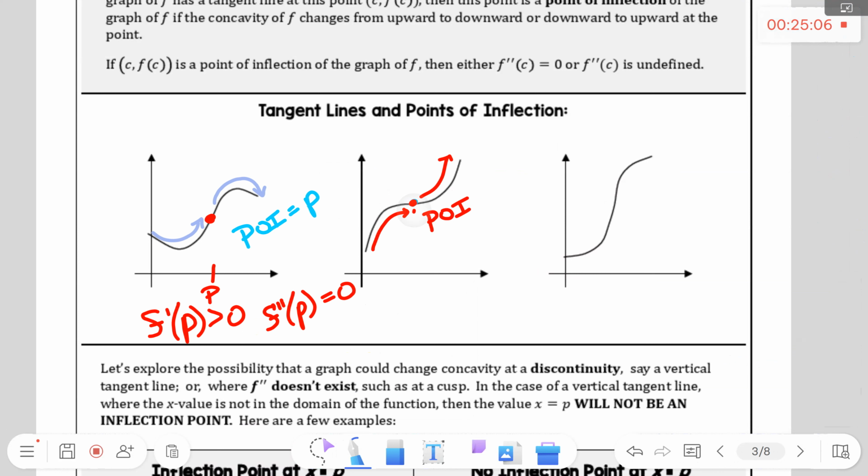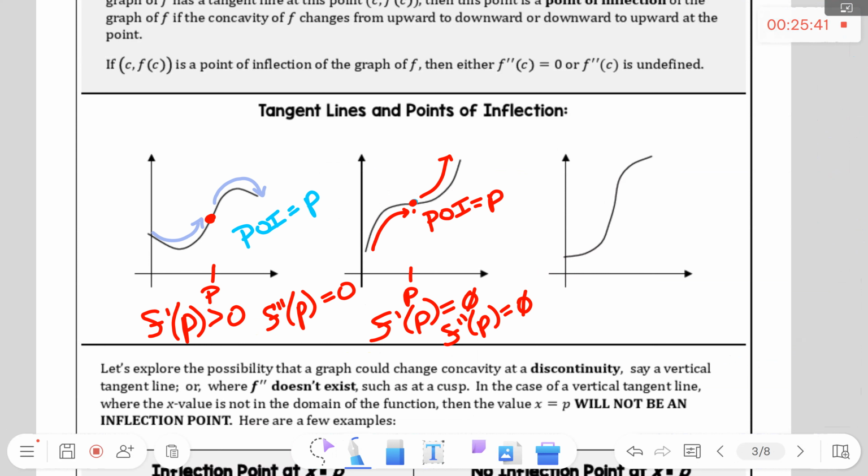Your point of inflection, I'd say at point P. So I can make the same statements I made here for here. But what is my slope at P? That's 0, because it makes a flat line. So f prime at P would equal 0, and f double prime equals.